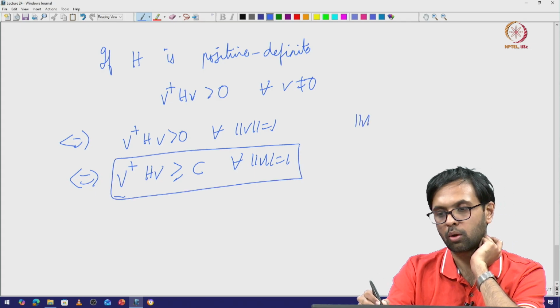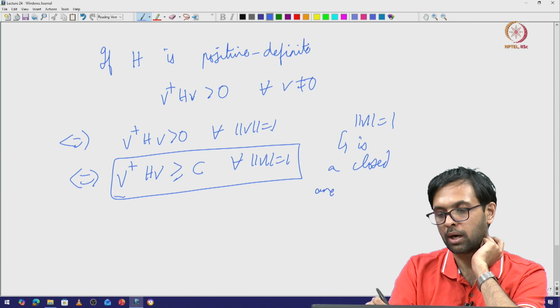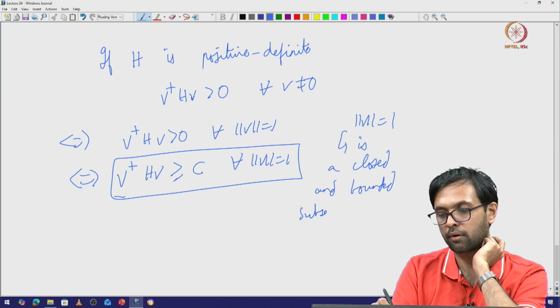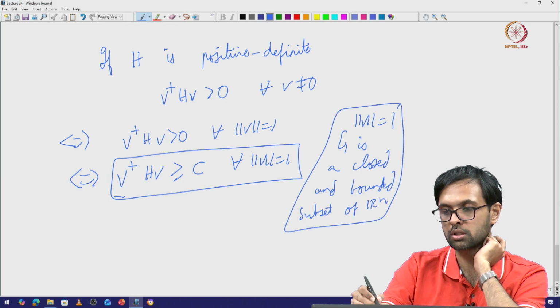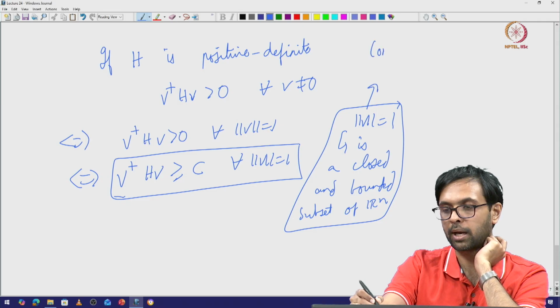Because norm V equal to 1 is a closed and bounded subset of Rn. So that means this is compact.